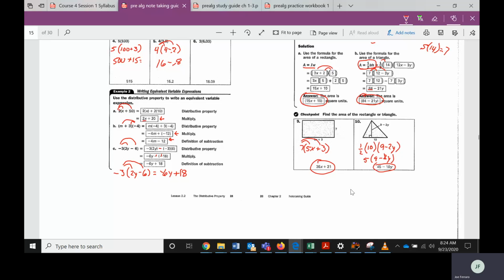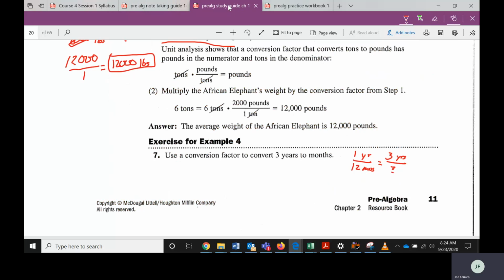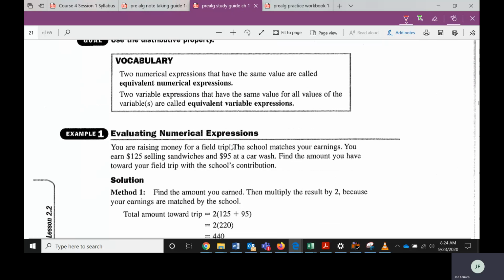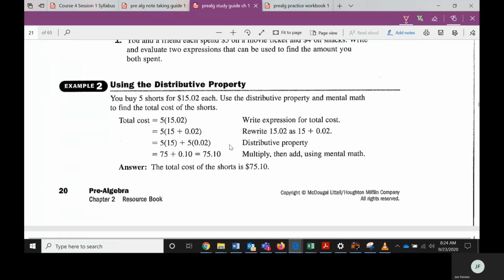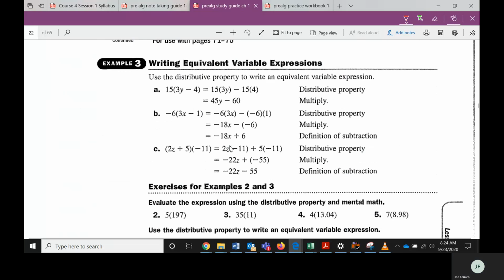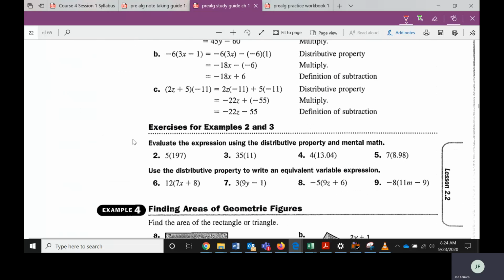All right, so that's the problems in the note-taking guide. I did go through that a little fast. Watch it back. Okay, go back and watch it again. Okay, study guide. You go through. They show some examples here. I'm not too worried about these type of problems, the mental math ones.